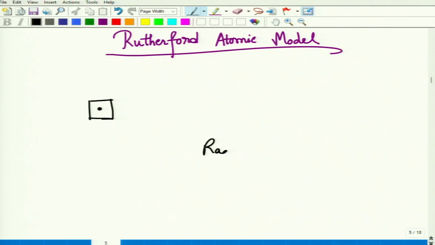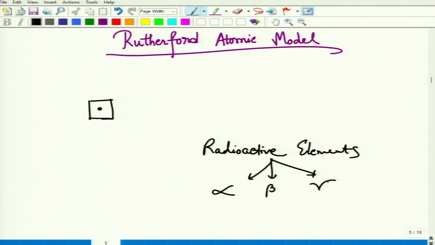The existence of radioactive elements was also well known, and it was known that radioactive elements emit alpha, beta and gamma particles, where alpha is a positively charged particle, beta is a negatively charged particle, and gamma is a neutral particle.